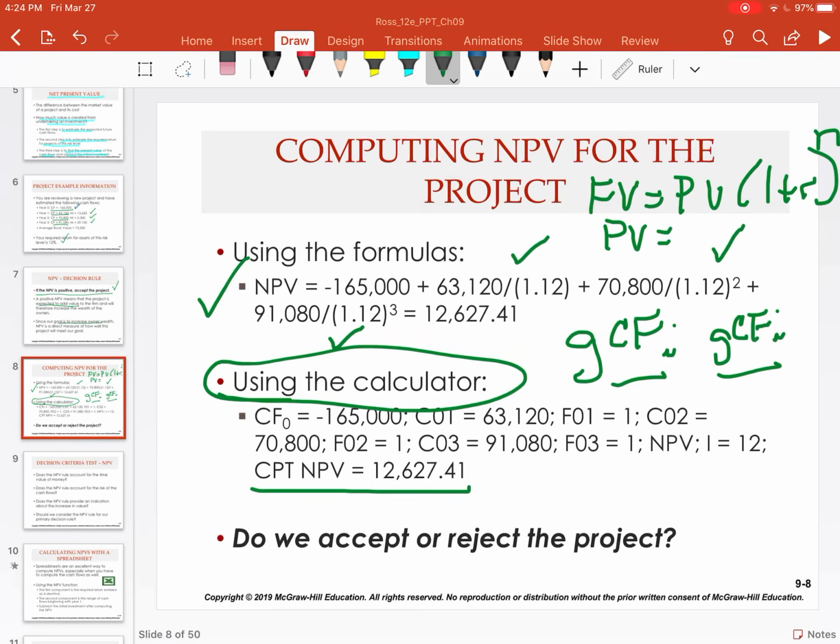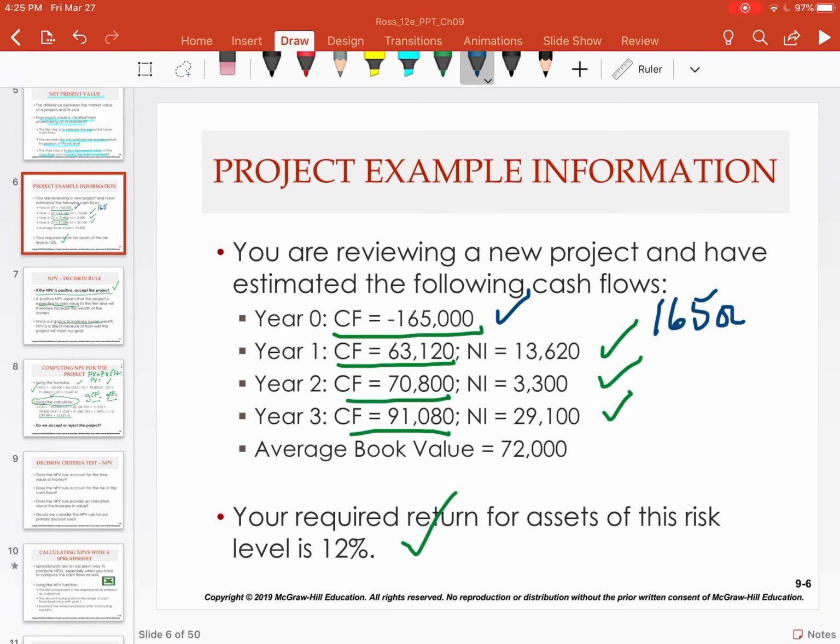Let me back up, because if I was going to actually show you those keystrokes, remember, you actually would have 165, CHS, which is going to change the sign of 165,000 to a negative 165, since that's our first entry, okay? And then you're going to mash the G, and then CF sub 0, because that's our initial investment, okay?